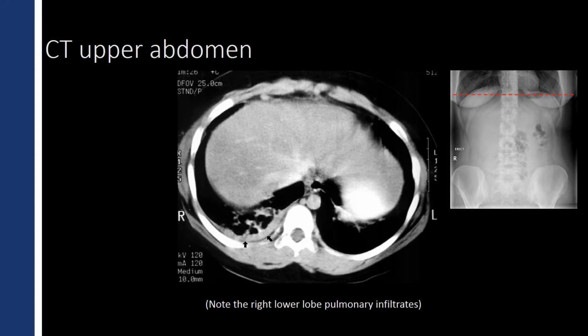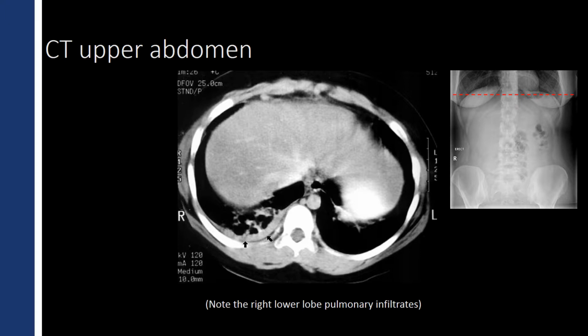But the workhorse of abdominal imaging is the CT scan. And that's what we see here. We have an axial or a cross-sectional view of the abdomen. We're in the upper abdomen. If you look at this index image over on the left, I've tried to indicate where we are cutting this CT scan.